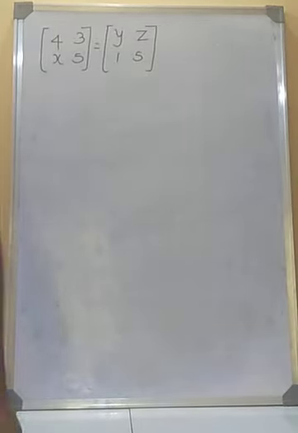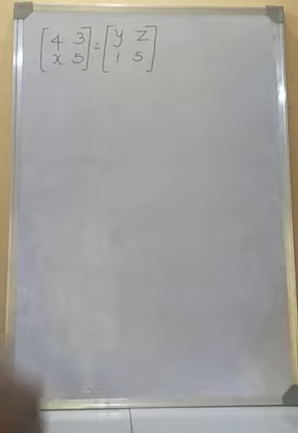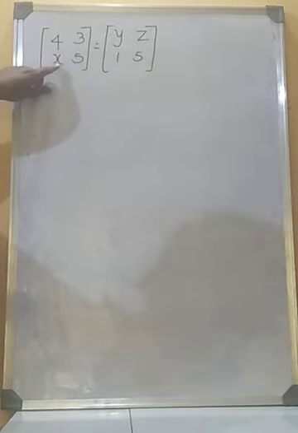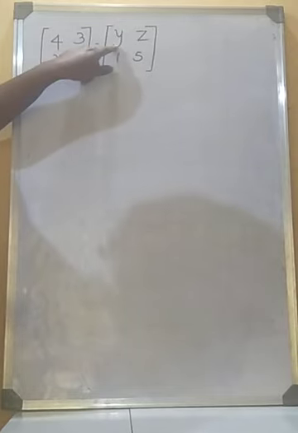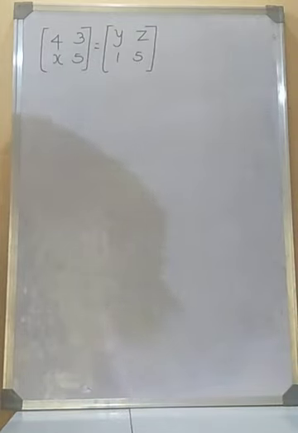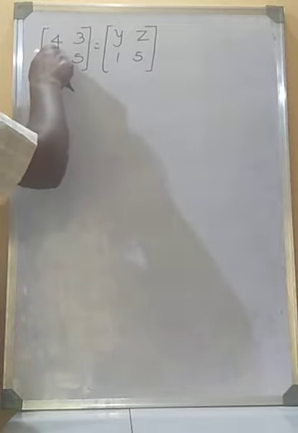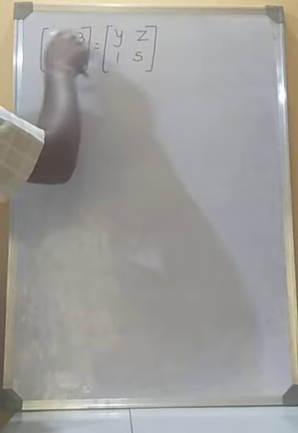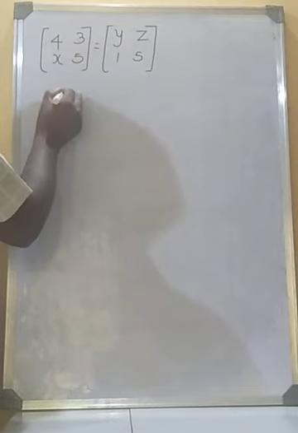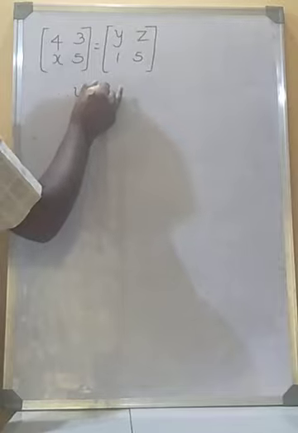Here is one more example of equal matrices. Matrix [4 3; x 5] is equal to [y z; 1 5]. These two matrices are equal matrices. Find the values of x, y and z. The corresponding element of 4 is y, so y is equal to 4.